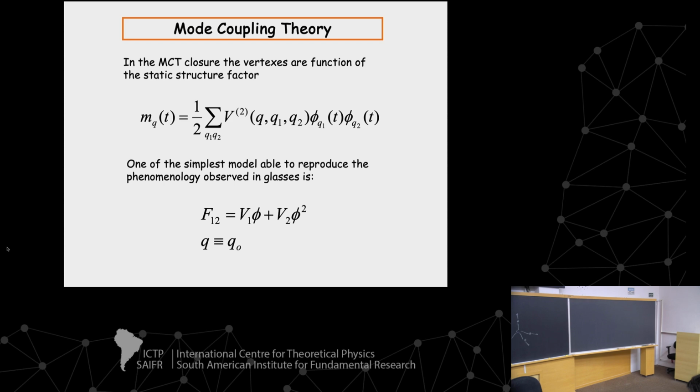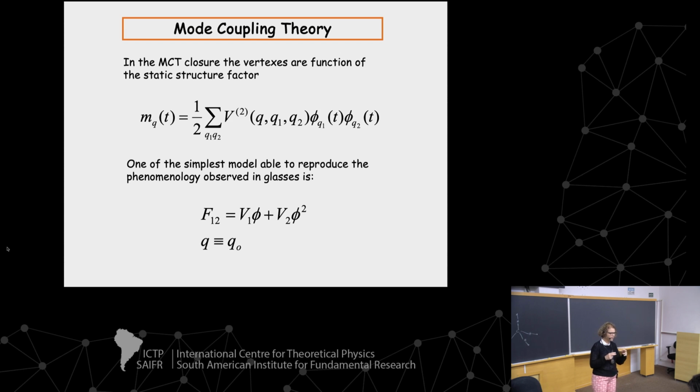Since this is a cage theory, the clearest information on the phenomena related to the cage is the one in which you calculate f of q,t at the peak of the structure factor, because the first peak of the structure factor corresponds to the length of the cage, the radius.